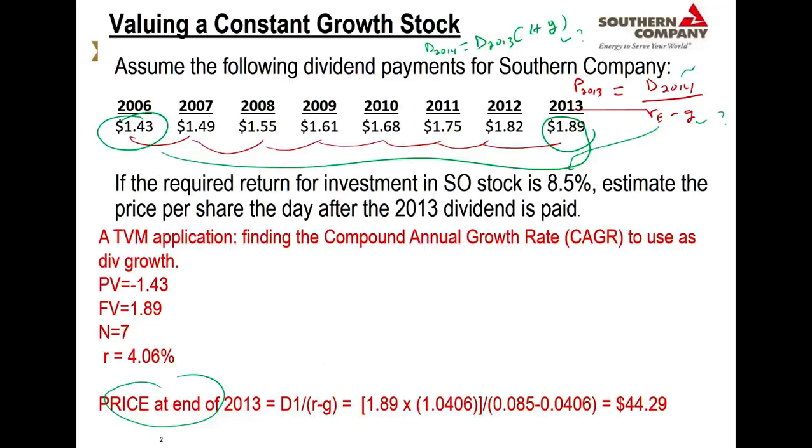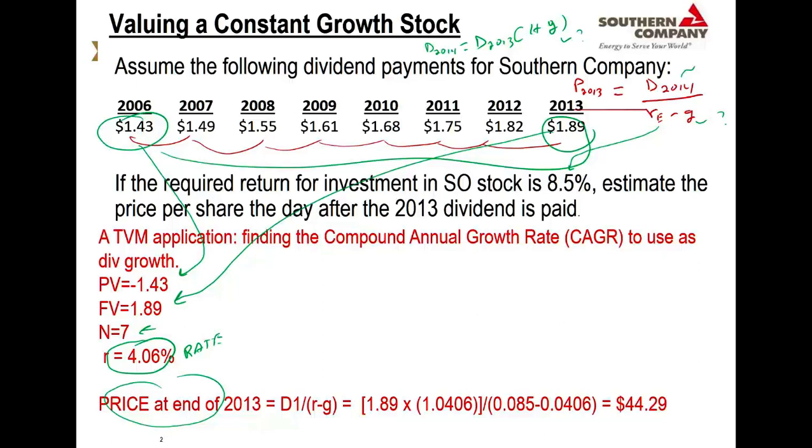So all we do is say the present value is 1.43. The future value, I want to get to 1.89, and I want to get there in 7 periods. So if you solve for R, using the rate function in Excel, Excel will give you the constant growth rate every year such that that will happen.